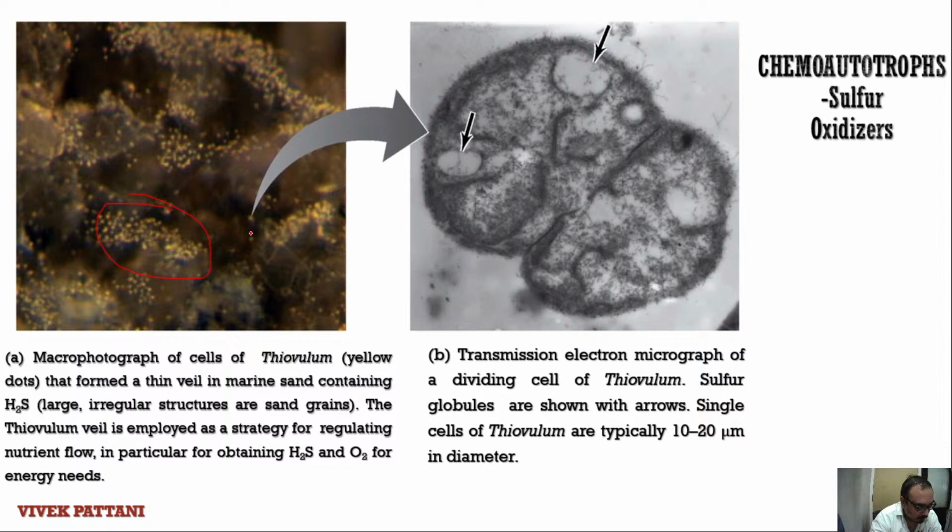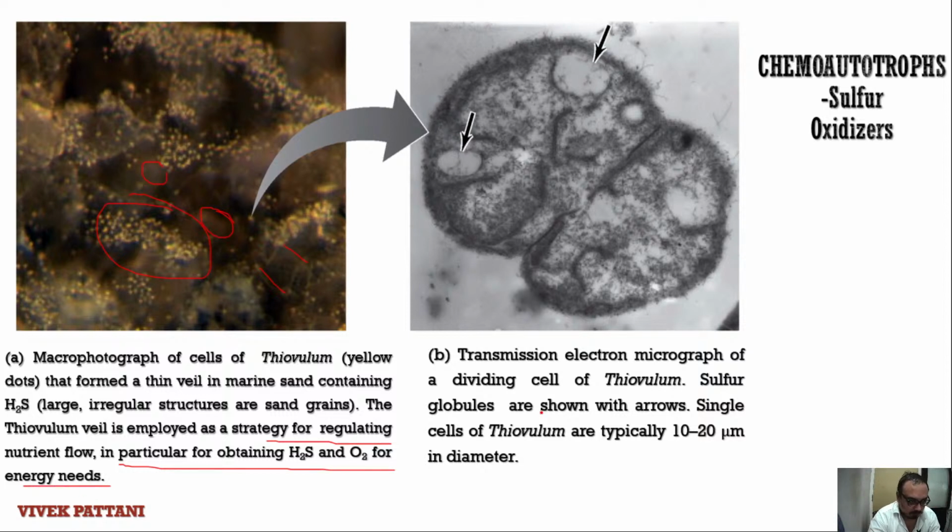You can see some of the wheels containing hydrogen sulfide, large irregular structures such as sand grains. The Thiovulum wheel is employed as a strategy for regulating nutrient flow, in particular obtaining hydrogen sulfide and oxygen for the energy needs.